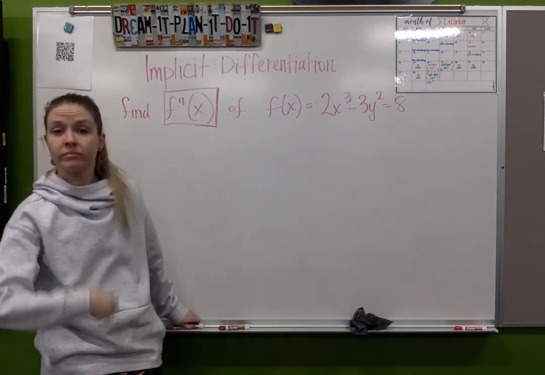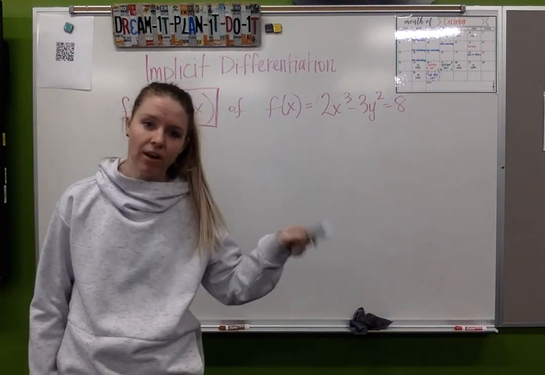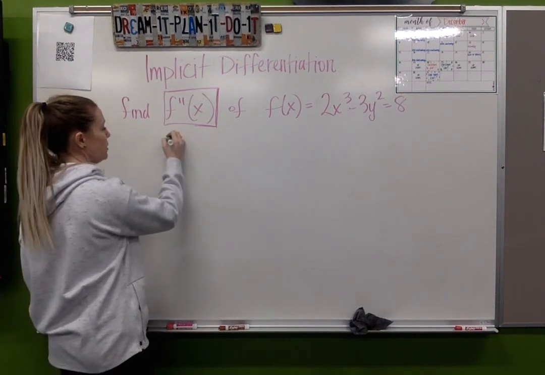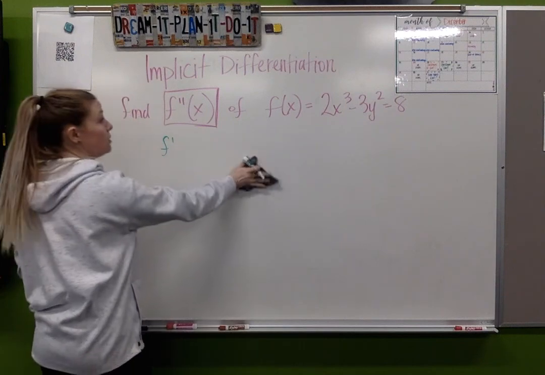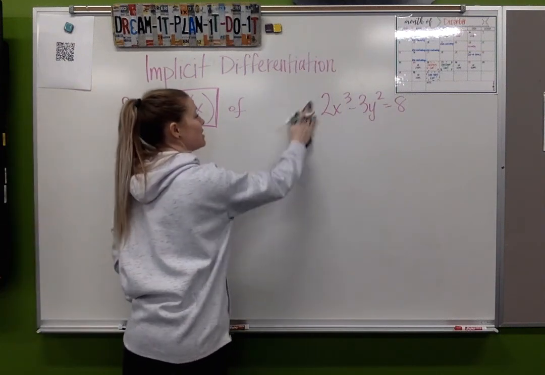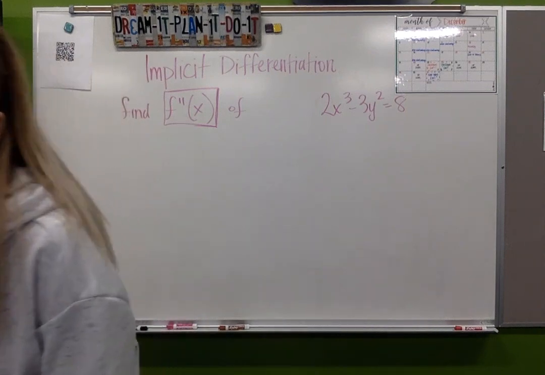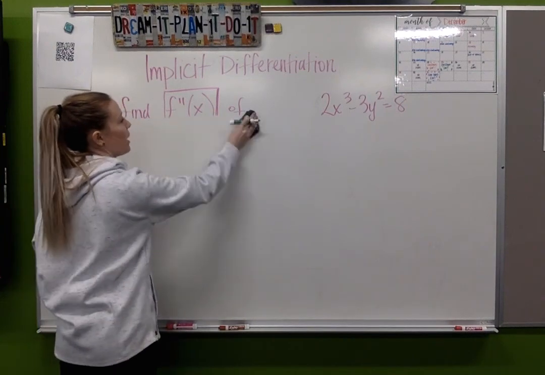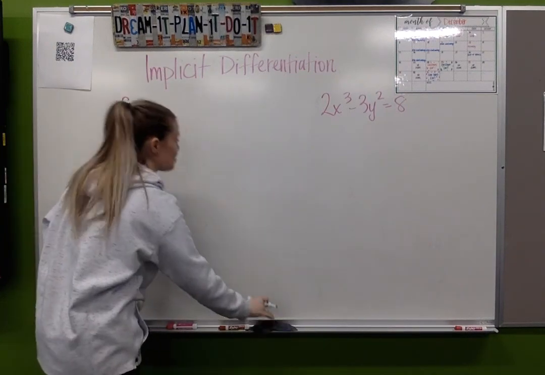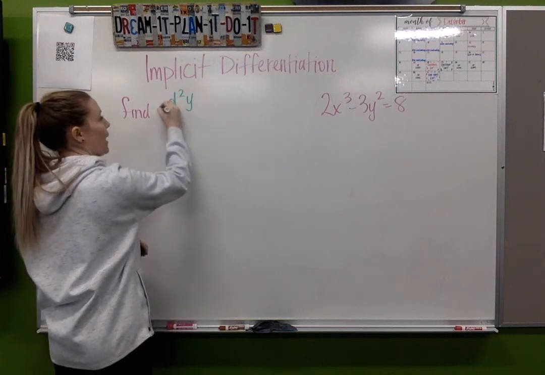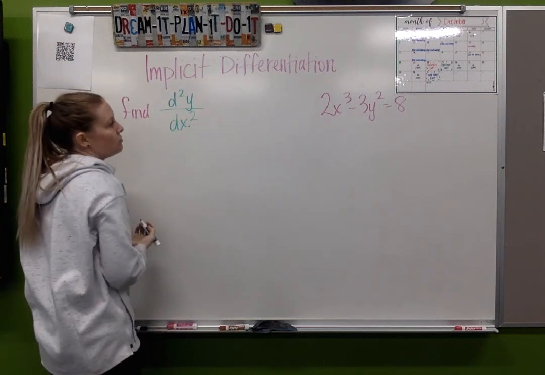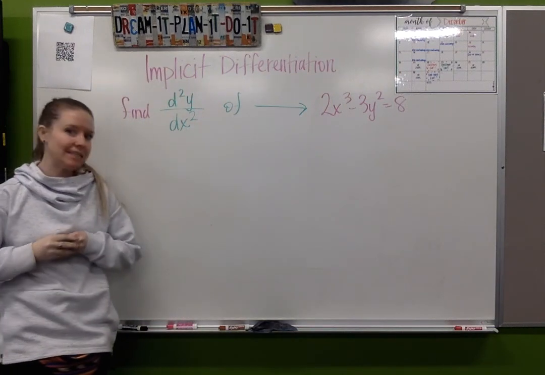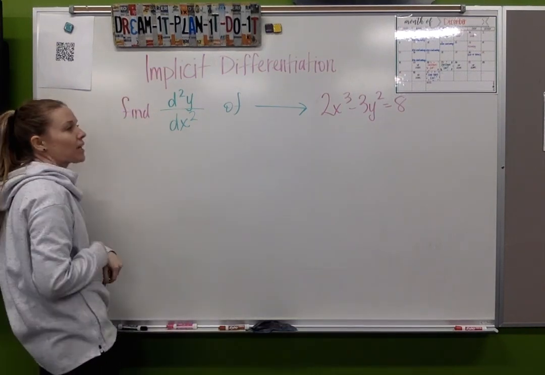All that means, take the derivative, and then take the derivative of the derivative. So, hey guys, we're not going to call it f of x. That's silly. Whoops. Obviously, it's not a function. It's the equation 2x cubed minus 3y squared. So, notation-wise, this would actually say find d squared y over dx squared of this guy.